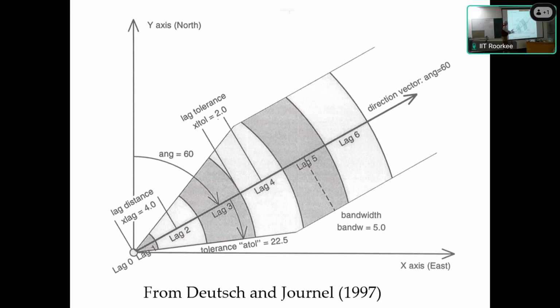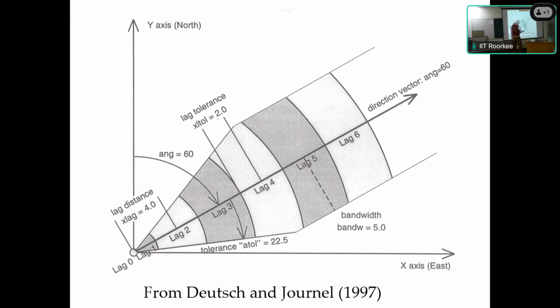And then we have a widening angle. So that is the tolerance here. We let it widen up 22.5 degrees. And then from here on, we reach the maximum bandwidth, which is 5. From here on, we do not allow it to widen up any further, but just to stay here.